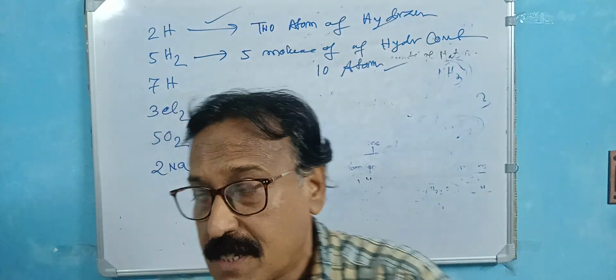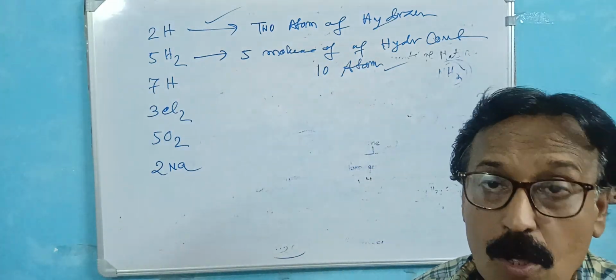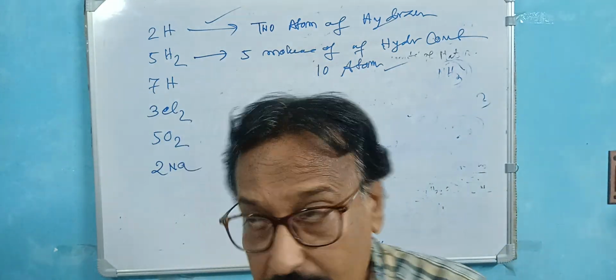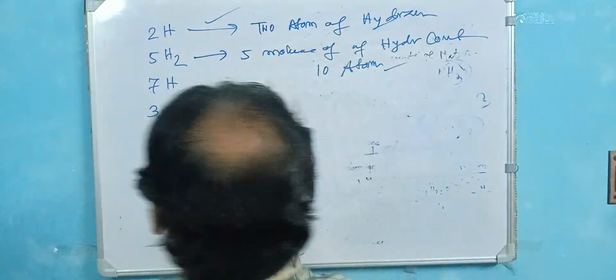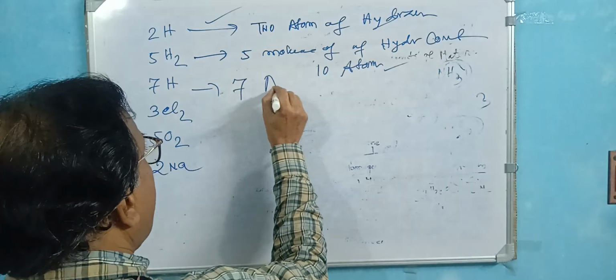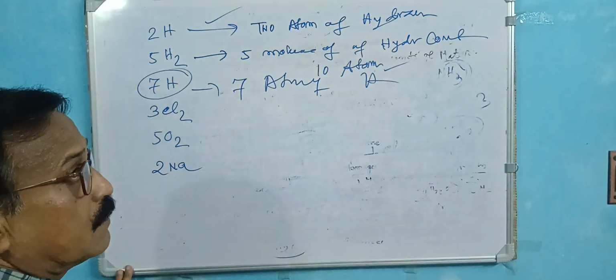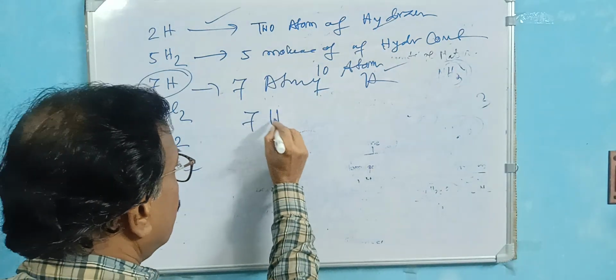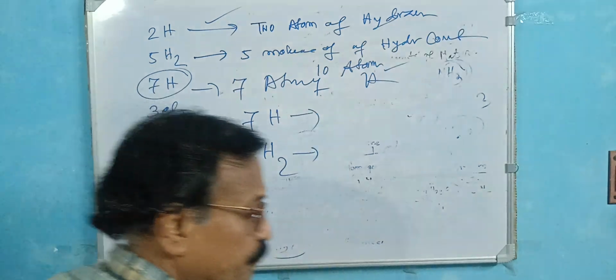In the coming video we will discuss this. What is the formula of the oxygen molecule? O2, not O. O is the atomic stage. It's clear. 7H means 7 atoms of hydrogen. It's not from molecules. 7H and 7H2, what is the difference?